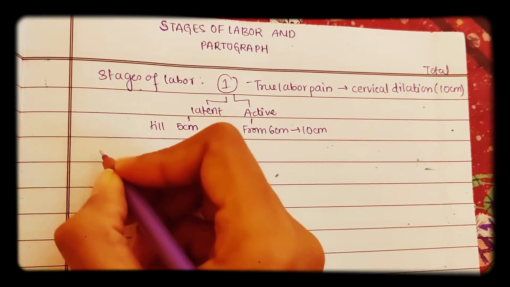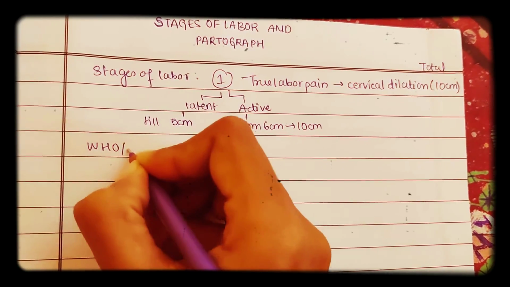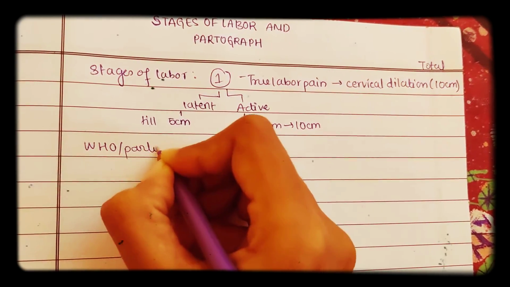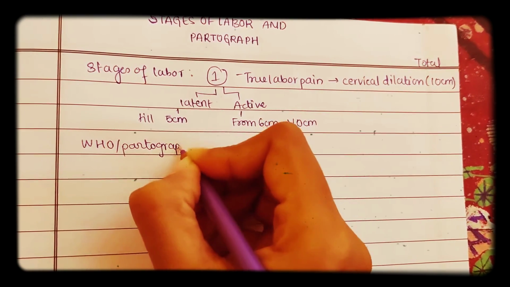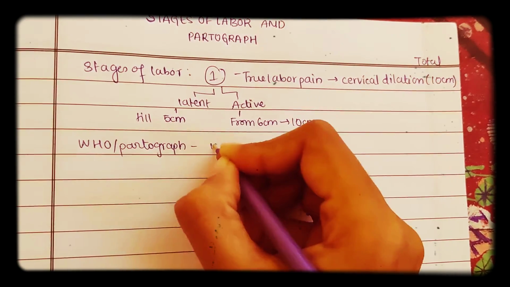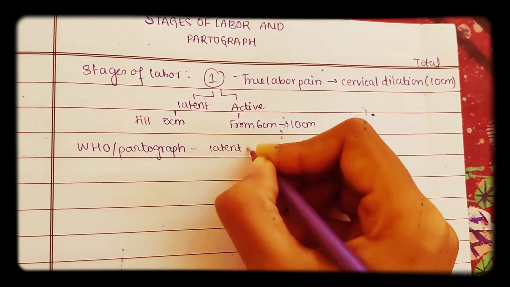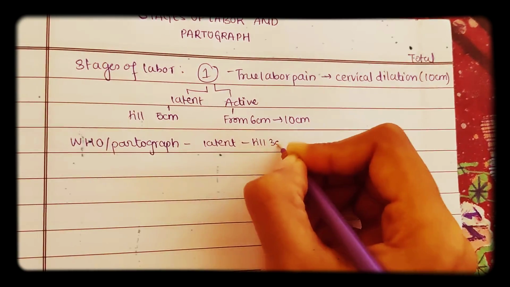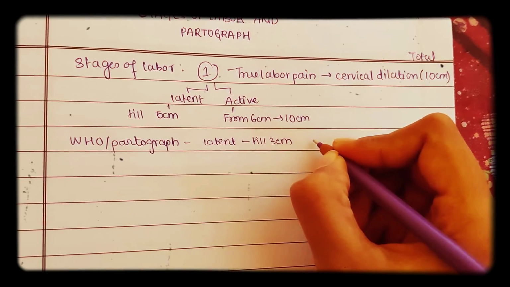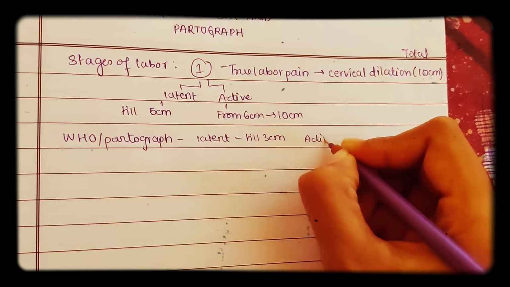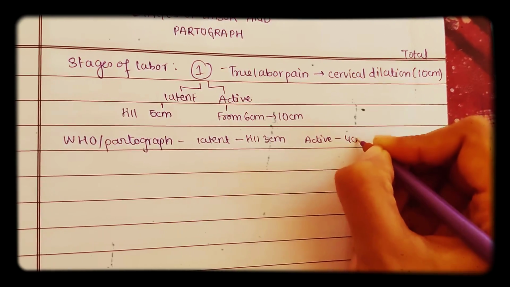WHO and partograph have their own definition: latent phase is till 3 centimeters dilation, whereas active phase is from 4 centimeters dilation.